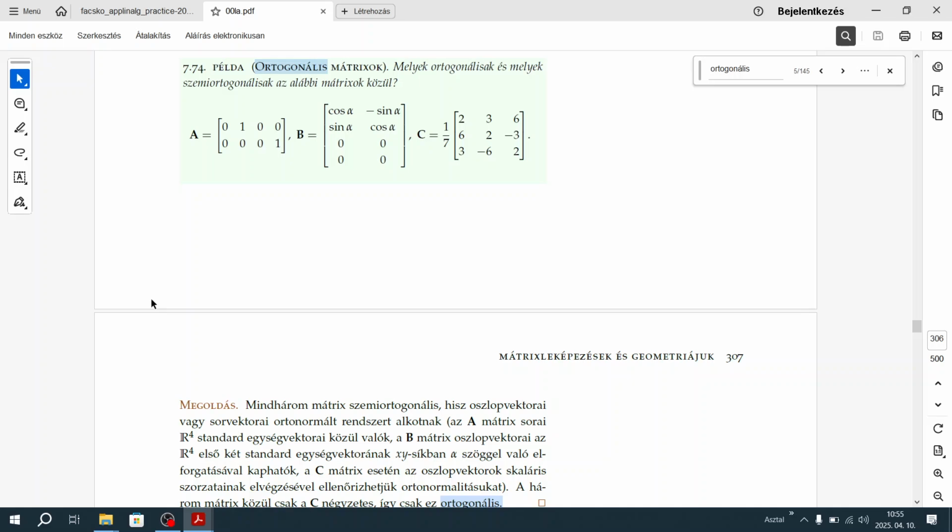Whatever I do, at the end I need to divide by 7 over 3. So this is 8.